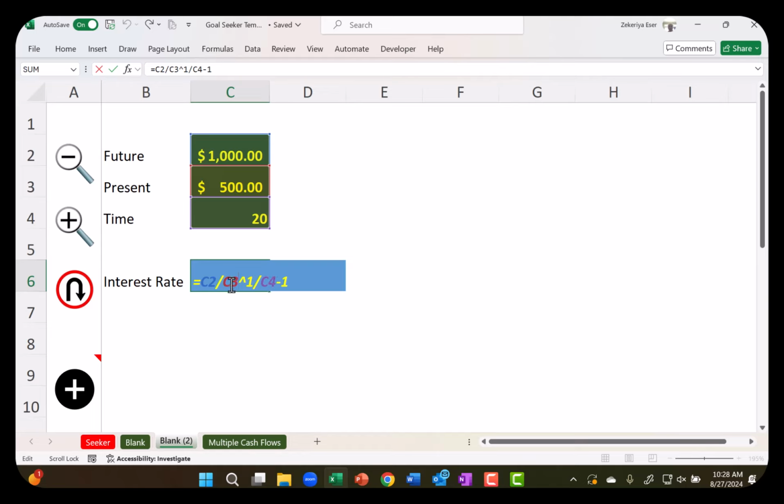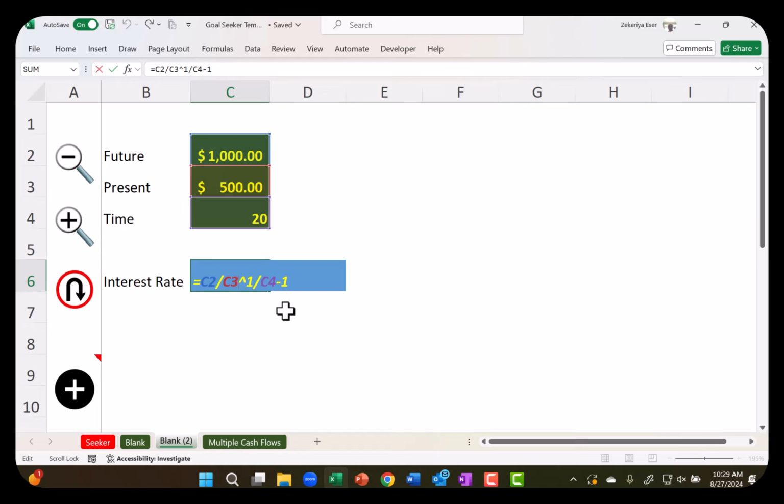So that means I'm going to divide 500 by 20. And I'm going to take that result and divide 1,000 with that. And at the end, I'm going to subtract the 1. But that's not what I want.